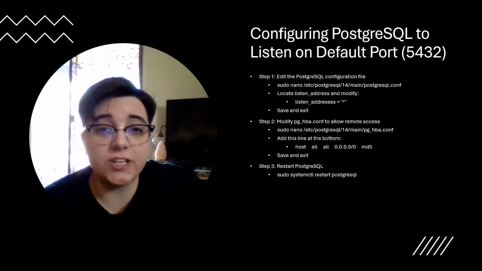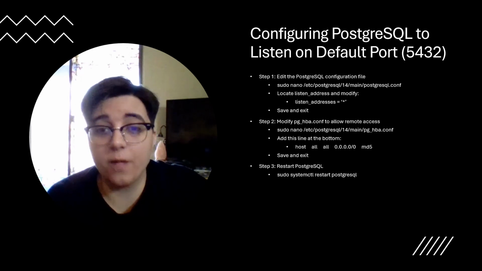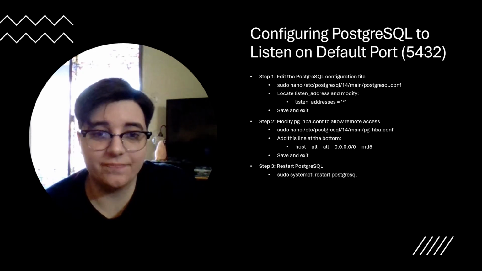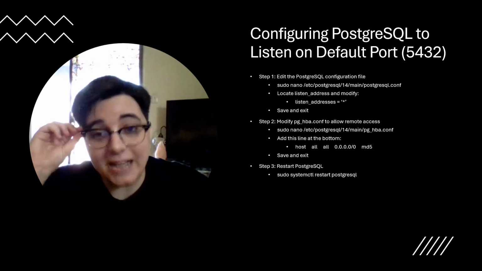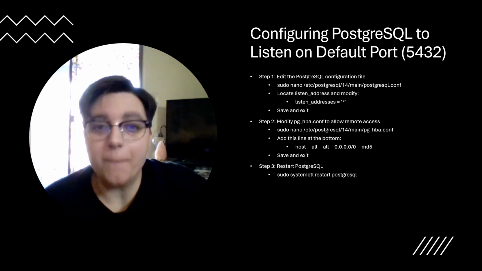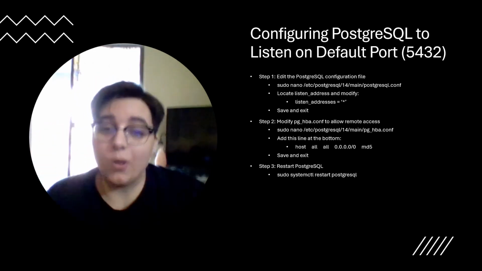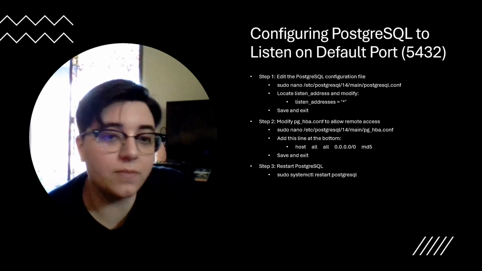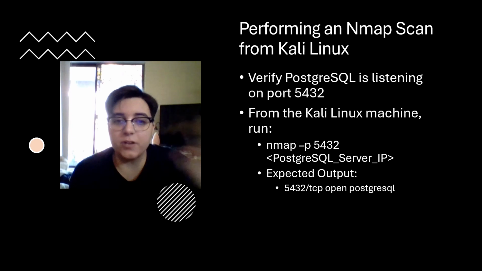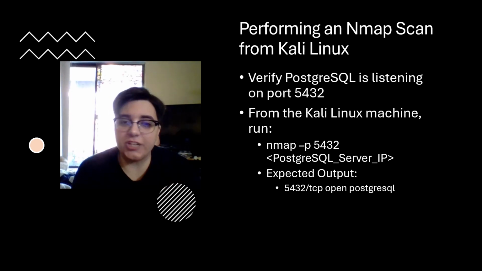After making those changes, we restart PostgreSQL so it applies the new settings. At this point, in theory, Postgres should be accepting connections from other machines. But we're not just going to assume it's working, we're going to test it. This is where Nmap comes in from the Kali server, so pay a little bit closer attention here.